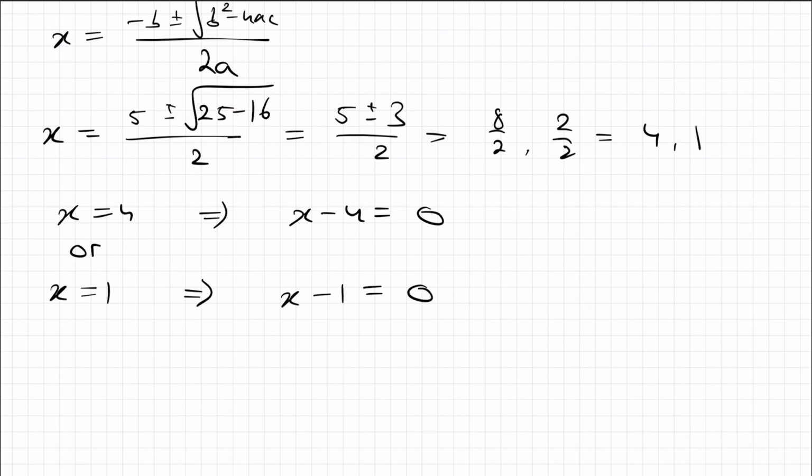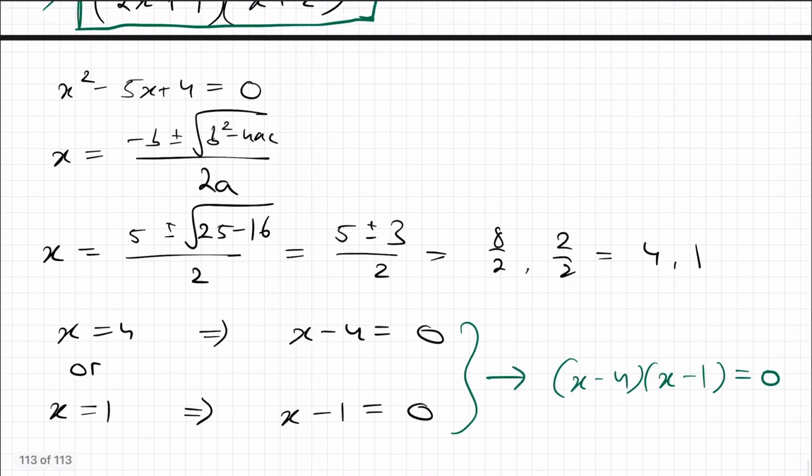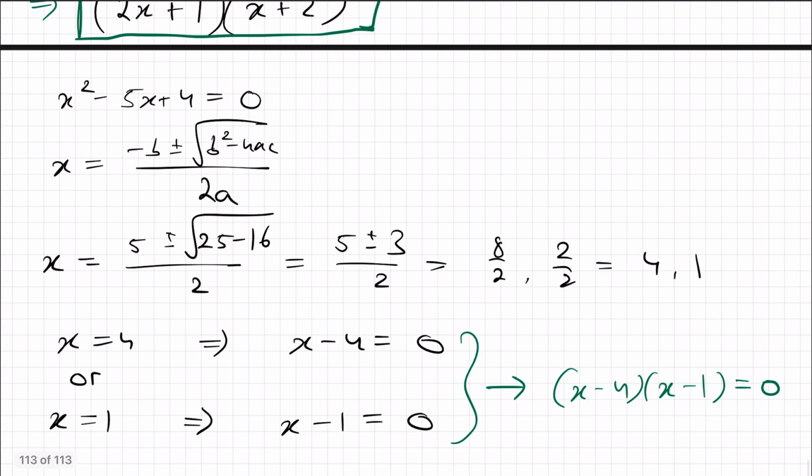And then to put it into factored form, we just have to combine these brackets into x minus 4, x minus 1. This is all right, because if you really struggle to find it, you can just solve it, but it's usually not an option because you usually factor to solve the equation. Generally, if you have to solve it like this, then it's usually a really large equation.